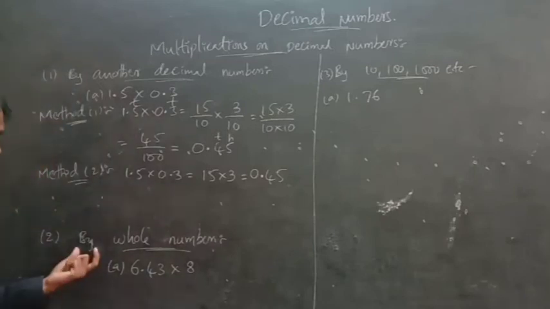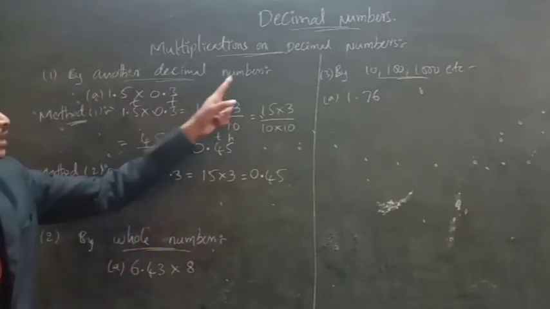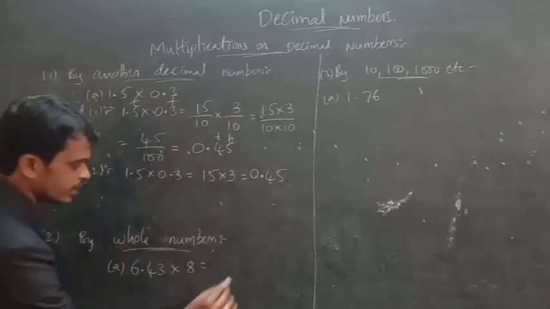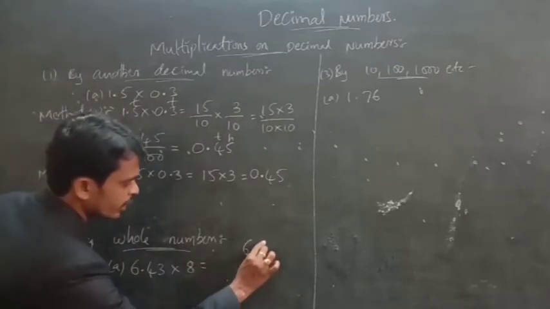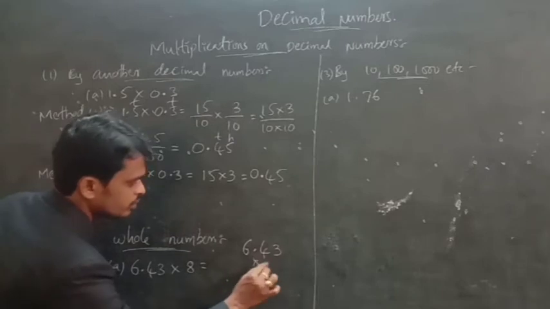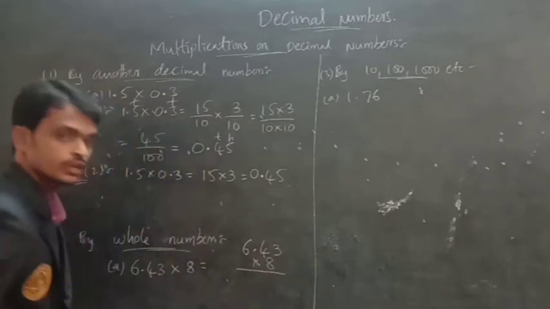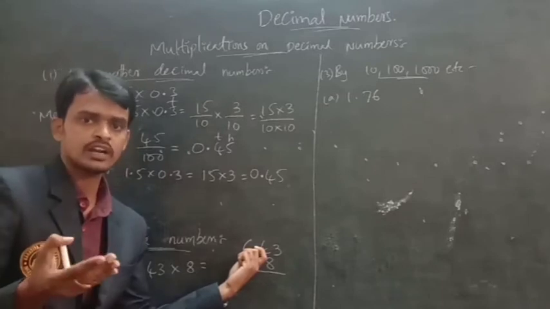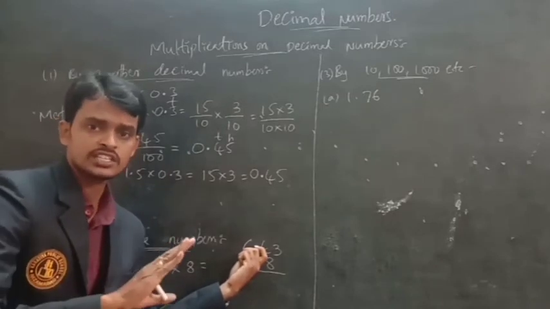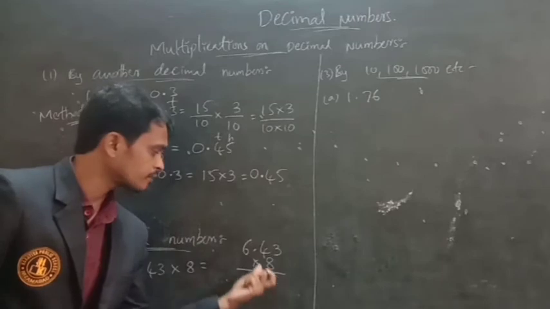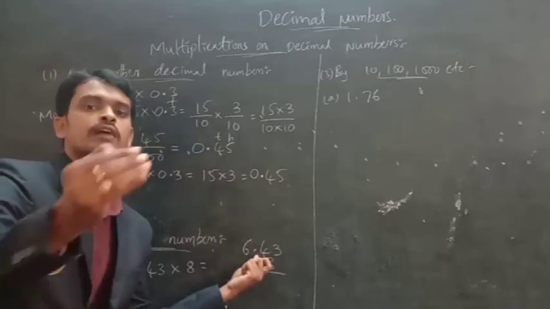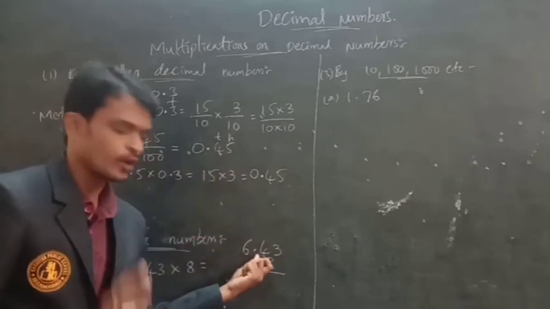Now we are multiplying a decimal number by a whole number. How will we multiply? Look here, 6.43 into 8. Here also we ignore the point and multiply as whole numbers. Then the point is placed after as many numbers as there are decimal places.